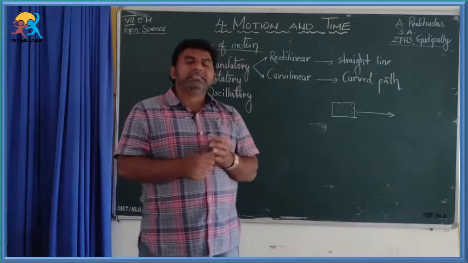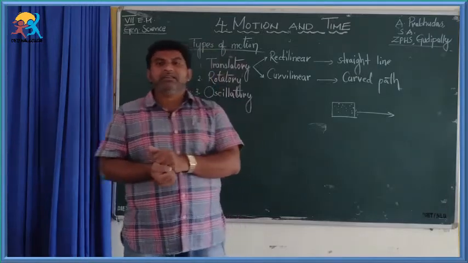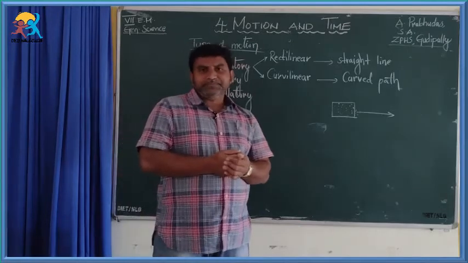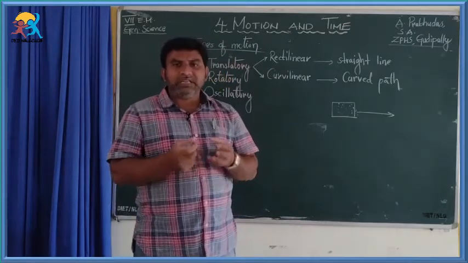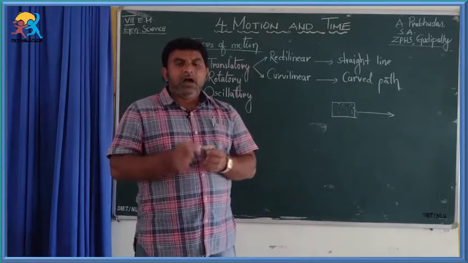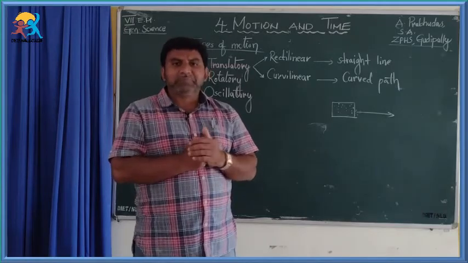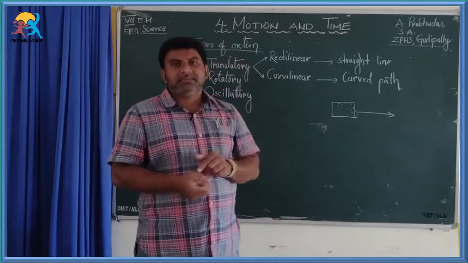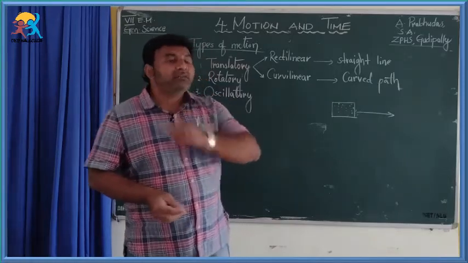Then what is the definition? How can you define the rotatory motion? Rotatory motion is a type of motion in which all the particles present in the moving object move in a circular path.